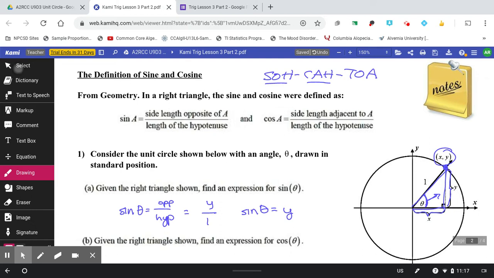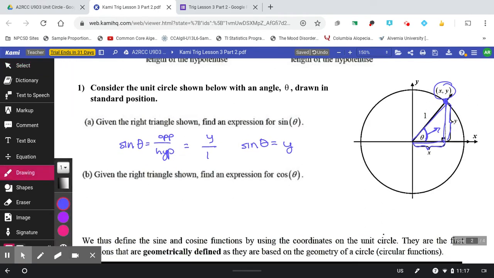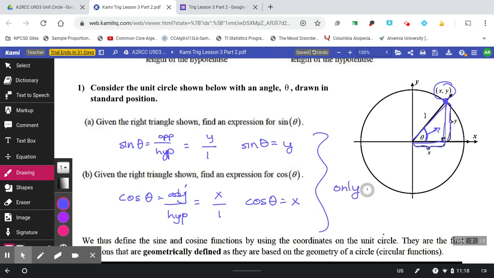Now the cosine is equal to the adjacent side over the hypotenuse. Again, the hypotenuse is always 1, but the adjacent side is the x value. That means the cosine of theta is always equal to the x coordinate. Now remember, this is only in the unit circle, because the hypotenuse must be equal to 1.